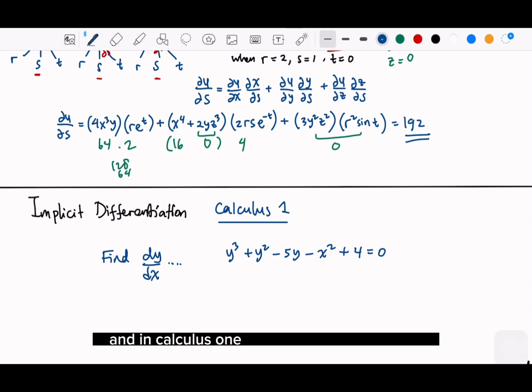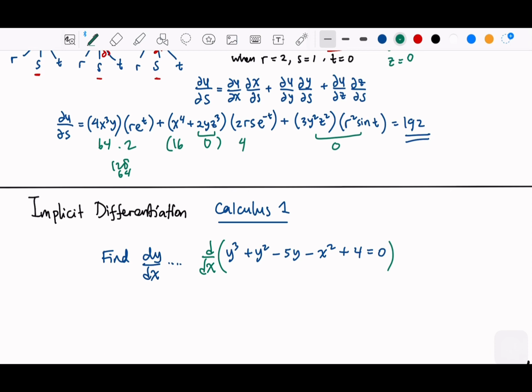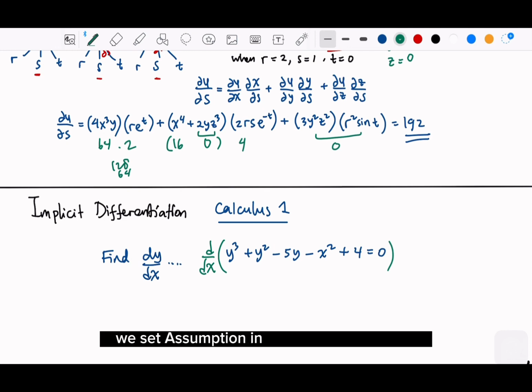And in calculus 1, we use this direct method to derive all these elements completely, right? And how we treat y, because y is a function of x. We set the assumption in implicit differentiation in calculus 1 that y is always a function of x. Okay? This is our base assumption.